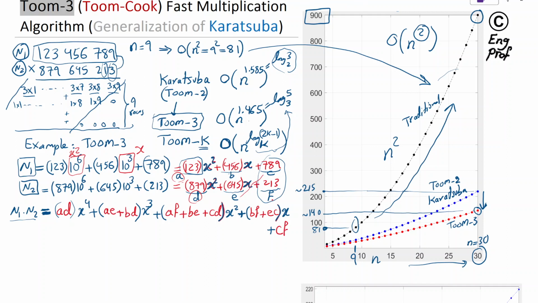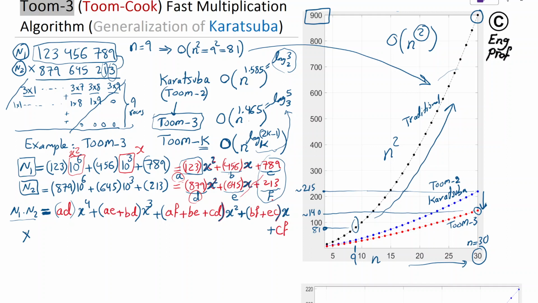Okay, what's the use of it? We haven't yet achieved anything. Still we need 81 multiplications this way. Well, what comes next is the achievement, which is the interesting technique that Toom did back in the early 1960s, and then a few years after that, Cook refined it, and hence it became the Toom-Cook algorithm.